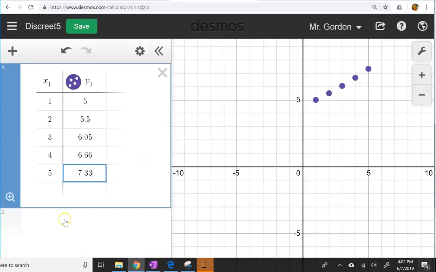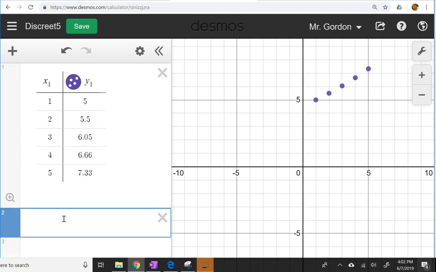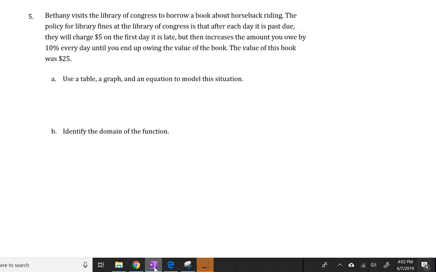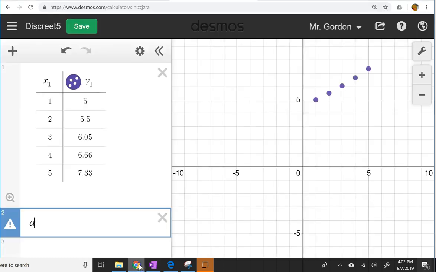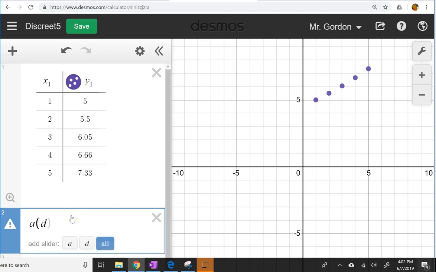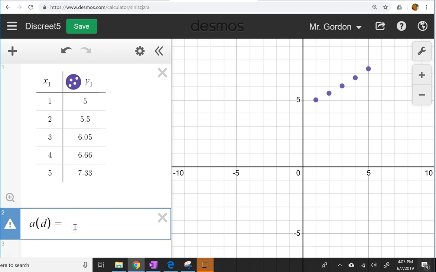So we can write an equation to model the situation to see if it fits our graph. So we're going to say A for the amount that she owes based on, they don't specify what variable we need to use, so let's use D for the number of days. So A of D equals, this is a geometric sequence, which means this is an exponential function.